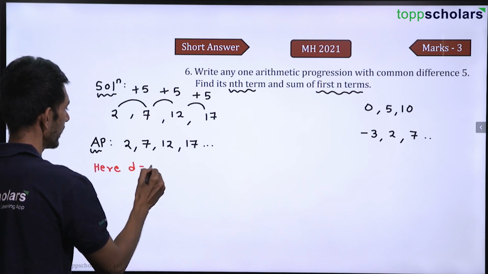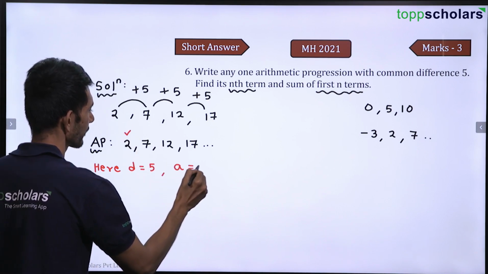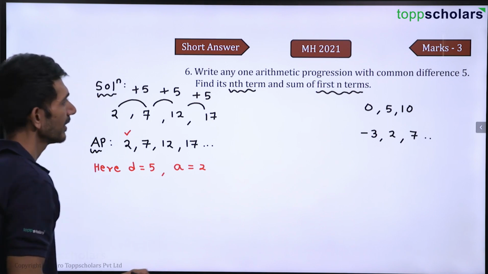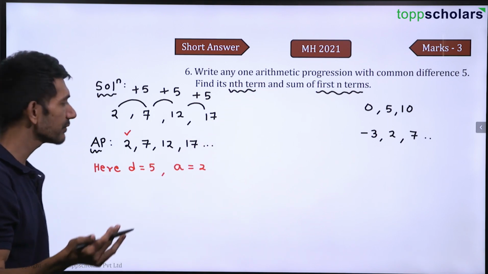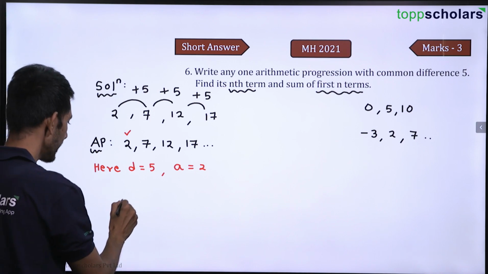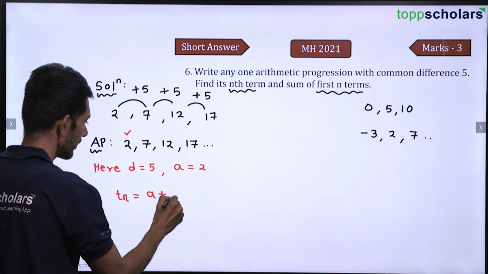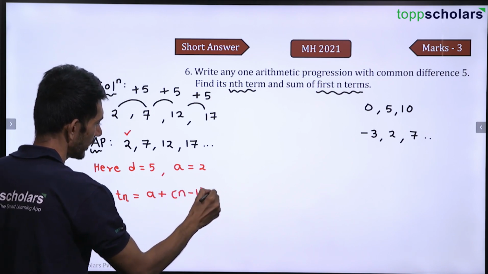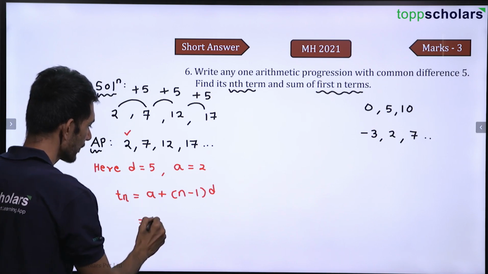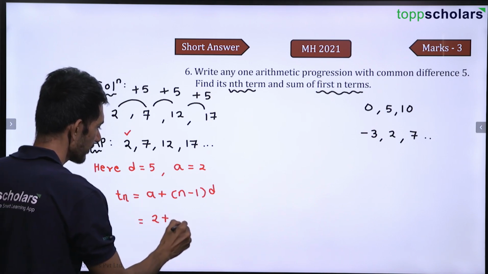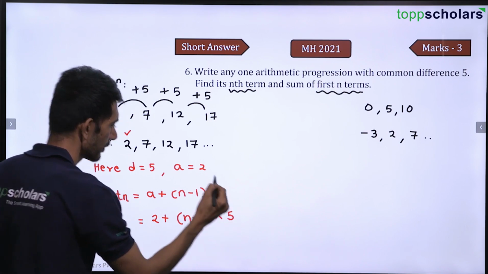Now can I say here the difference is 5. The first term A is 2. And n is anyways n. They are not telling us to find out the 10th term or the 15th term. So can I say Tn will be equal to A plus n minus 1 into D. A is 2, plus n minus 1 into 5.